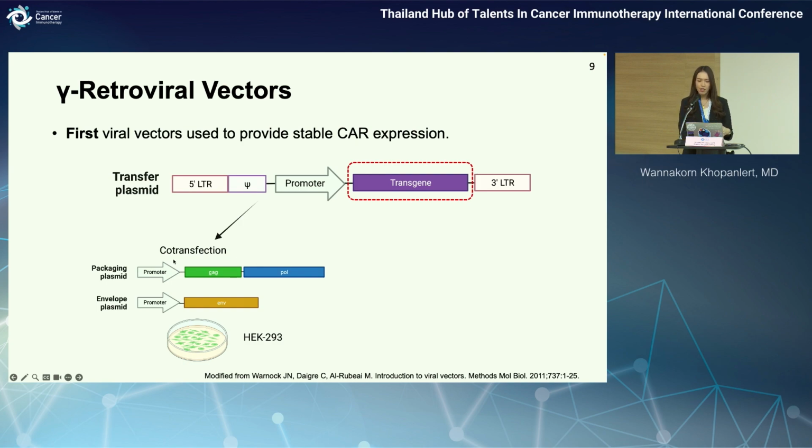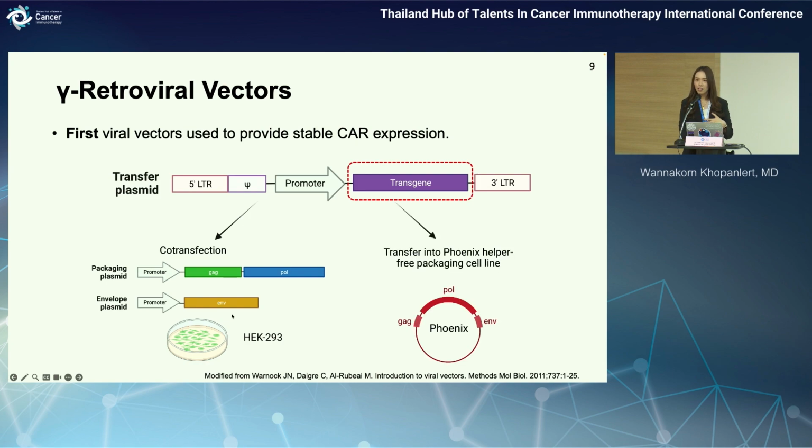In order to increase safety when using the viral vector, you can see here that the gag and pol genes are contained in one plasmid, while the envelope gene is contained in another plasmid. The prior system for the gamma retrovirus vector used the HEK293 cell lines.